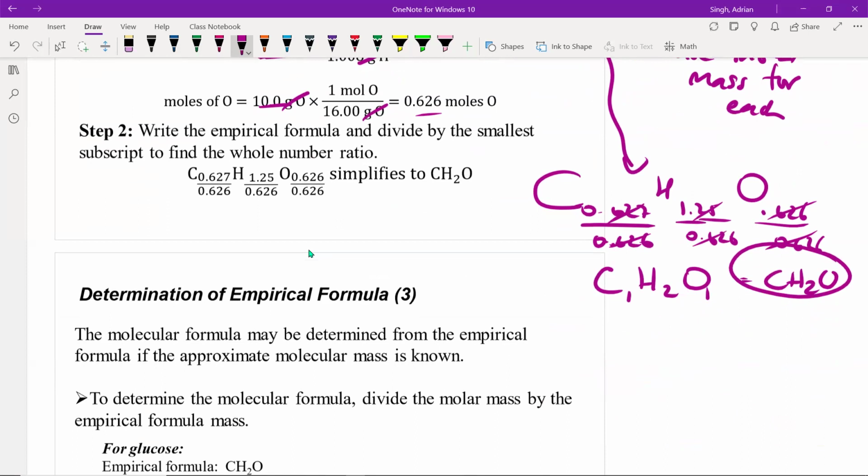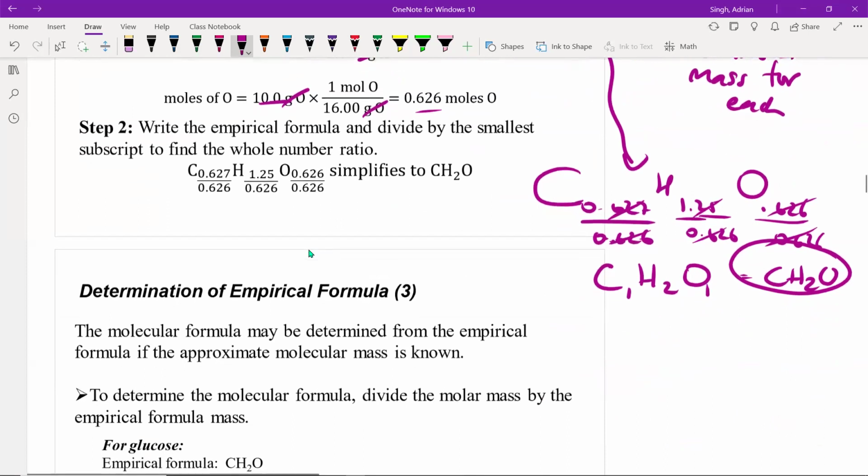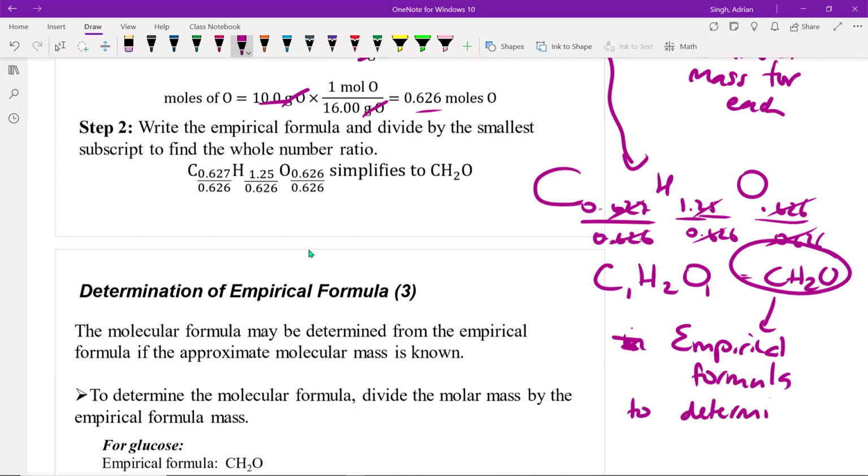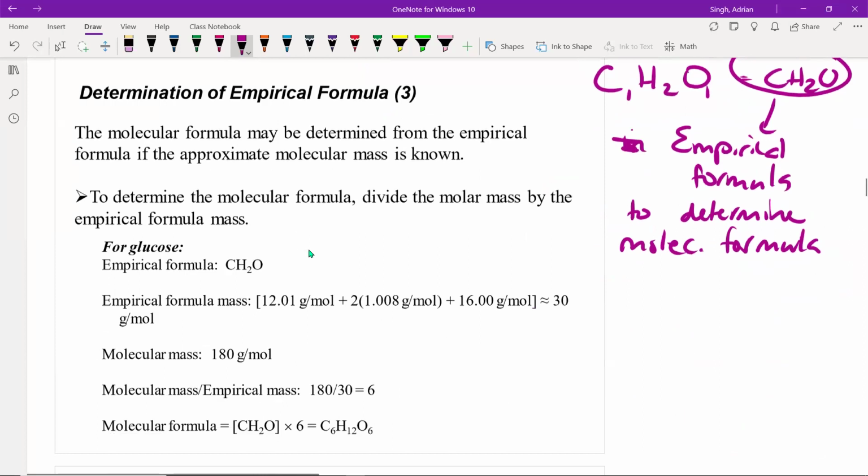If I wanted to determine the molecular formula, then I have to know the molecular mass, right? So, I'm sorry, this here is the empirical formula, the simplest whole number ratio. To determine the molecular formula, we would need the molecular mass.